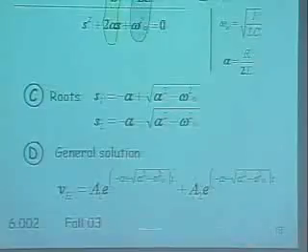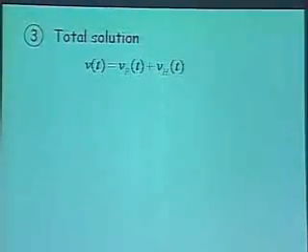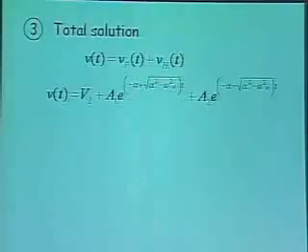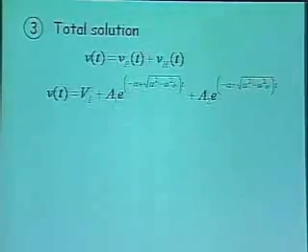So hold this general solution. From that, as step 3 of the differential equation solution, I write the total solution down, and my total solution is the sum of the particular and homogeneous, and so therefore I get this. VI was my particular, and this term here is my homogeneous solution.